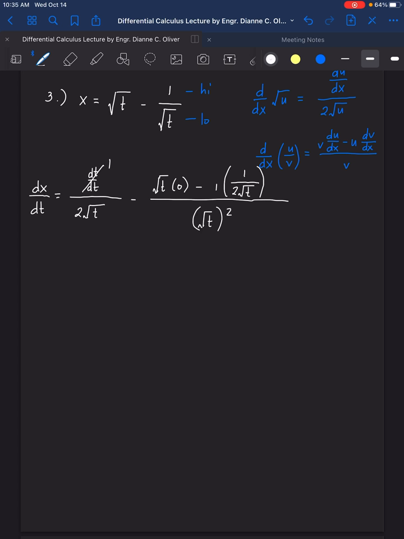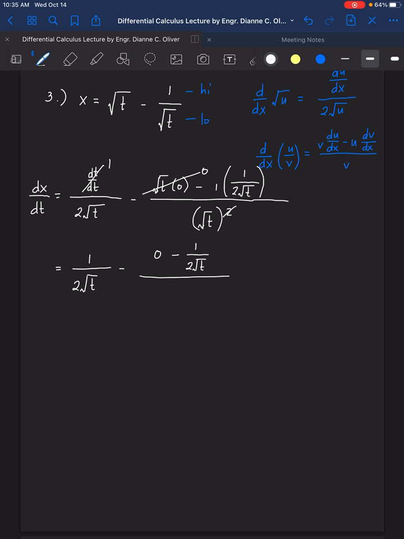Then let's simplify. So this is already cancelled to 0. So we have there 1 over 2 square root of t minus 0 minus 1 over 2 square root of t over, now what is square root of t squared?